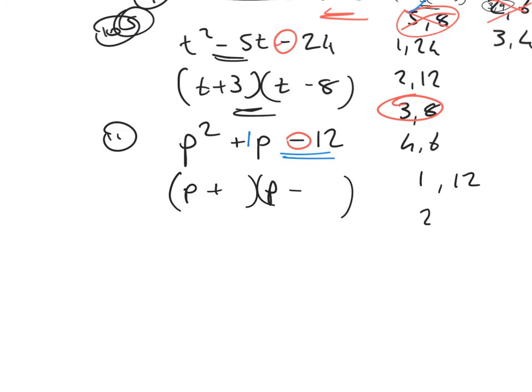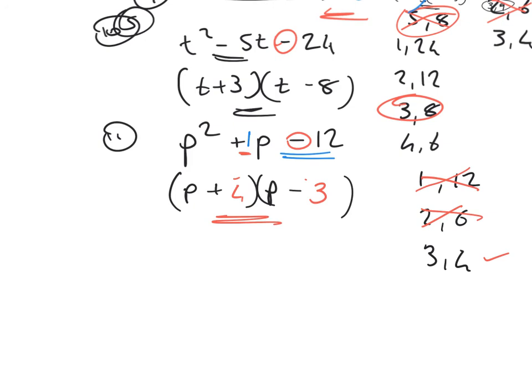So let's look at my pairs: 1 and 12, 2 and 6, 3 and 4. Which one of these can I use to add together to give 1? It's going to be 3 and 4, so that's going to be p plus 4, p minus 3. 4 times minus 3 is minus 12, and 4 minus 3 is 1.